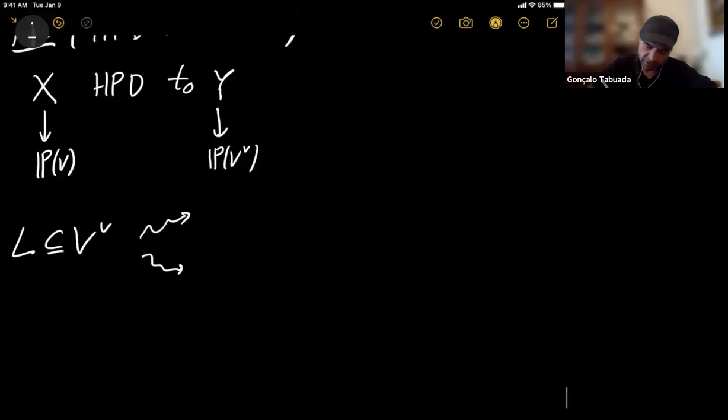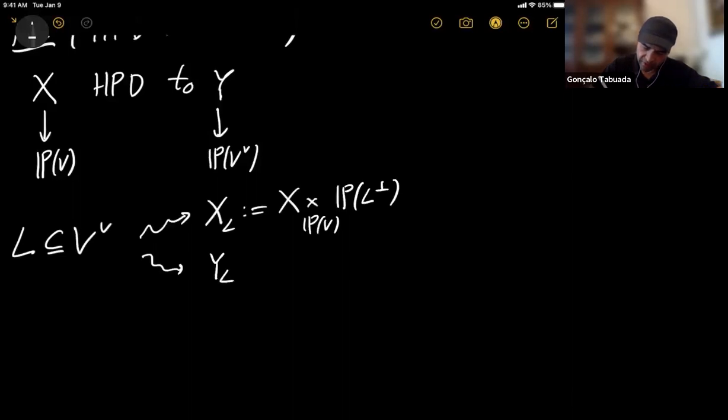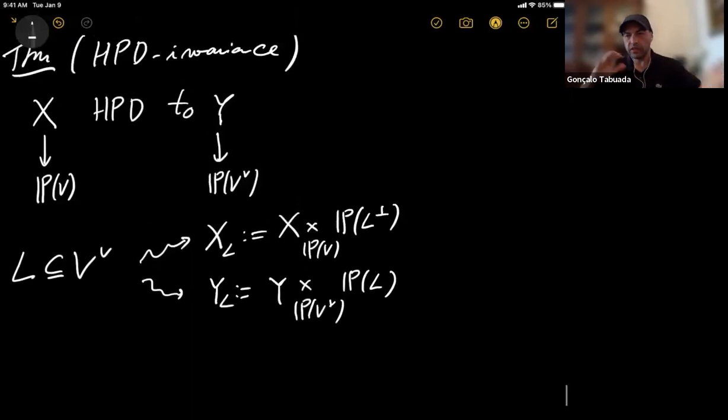So you do this fiber product on the projective space with the projectivization of this orthogonal. And here you have this other linear section on the other side, where you do this fiber product over the dual with this projectivization of L. So you get two linear sections, and if X and Y are HPD dual to each other in the sense of Kuznetsov, then there is a strong relation between the derived categories of these two linear sections.